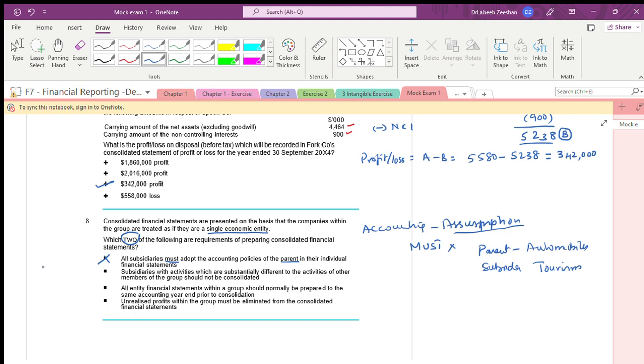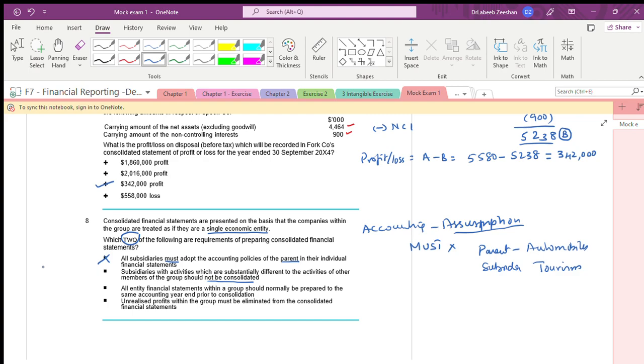Fine. "Subsidiaries with activities which are substantially different to the activities of the other members should not be consolidated." No. There is no hard and fast rule that you have to buy only automobiles. Twitter was bought by Elon Musk.